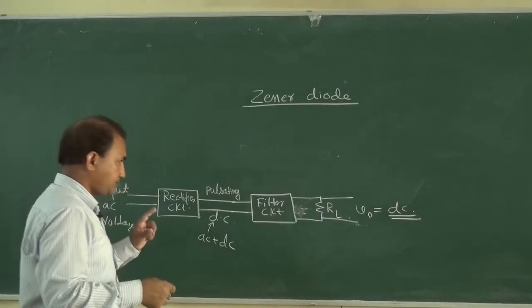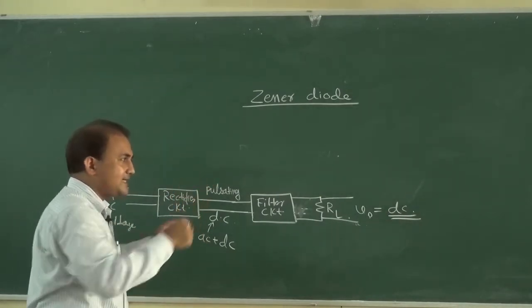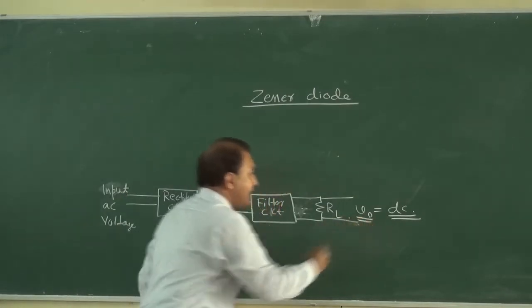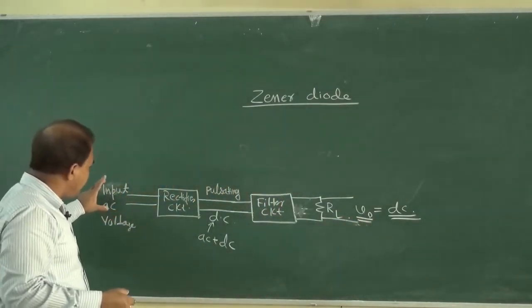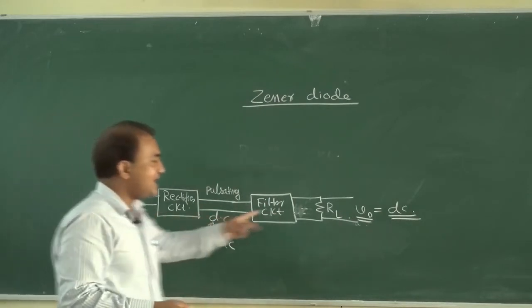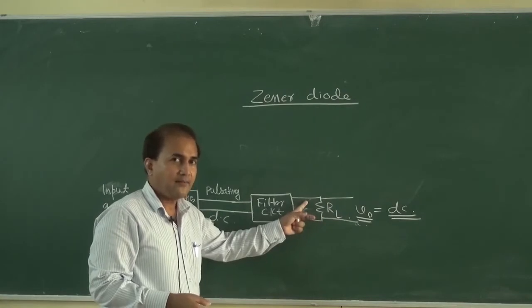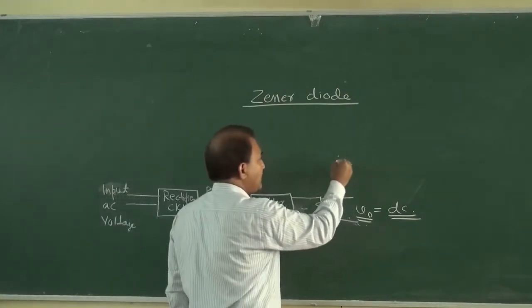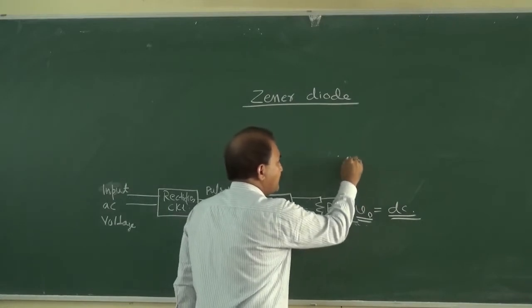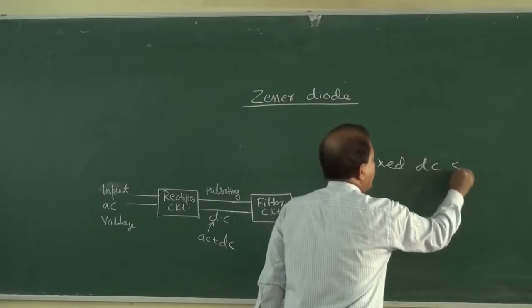Now the value of this output DC voltage varies with the variation in the AC input voltage as well as with the variation in RL. But nowadays we want a fixed DC supply.